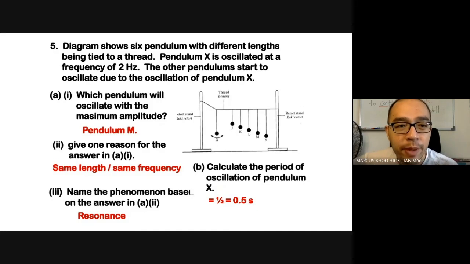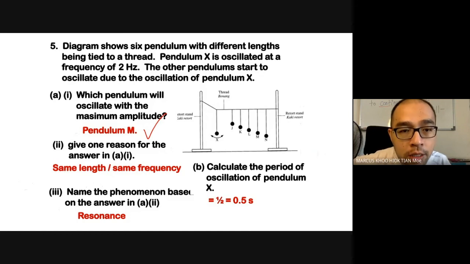Which pendulum will oscillate with the maximum amplitude? It is the one at the same level as X, so it's pendulum M. The reason for this is that it has the same length, or you can say the same frequency. Name the phenomenon based on the answer. It is called resonance.